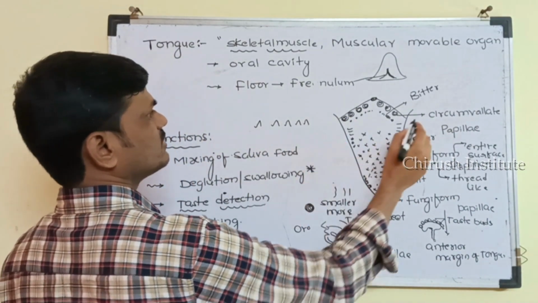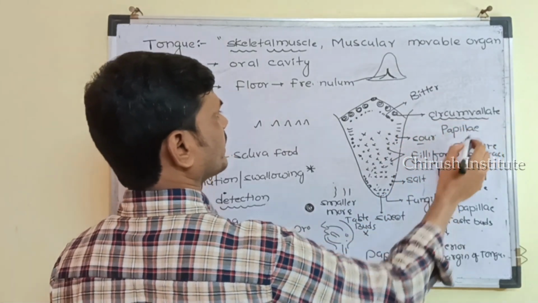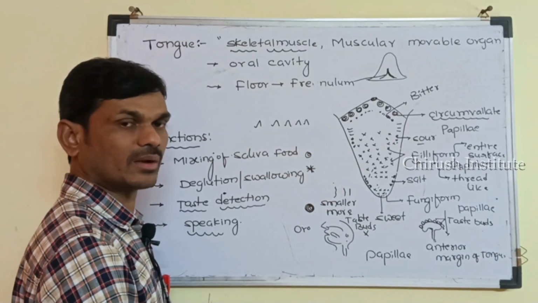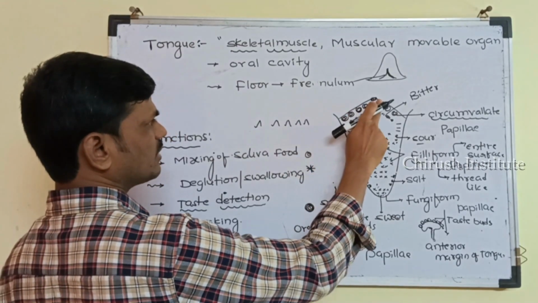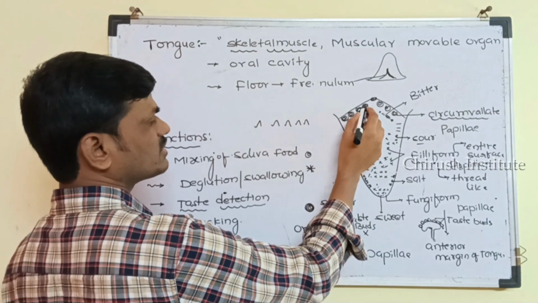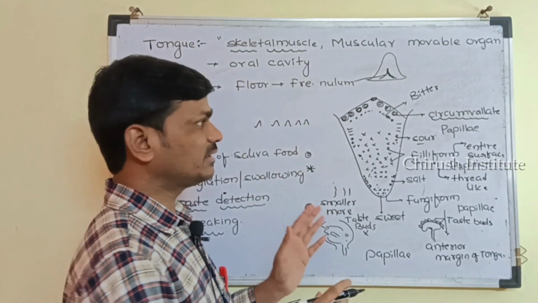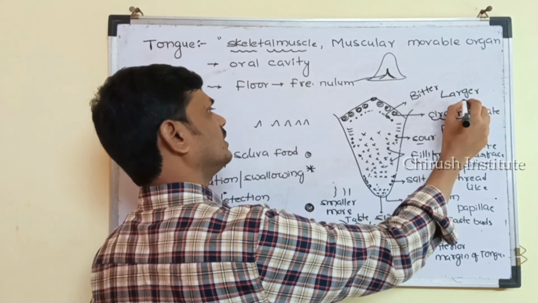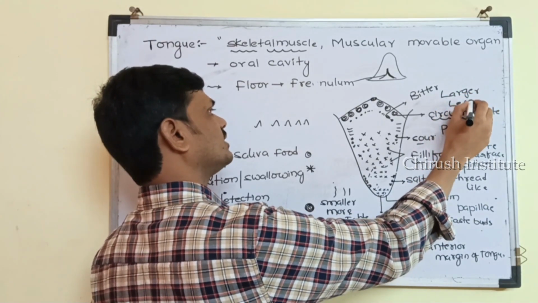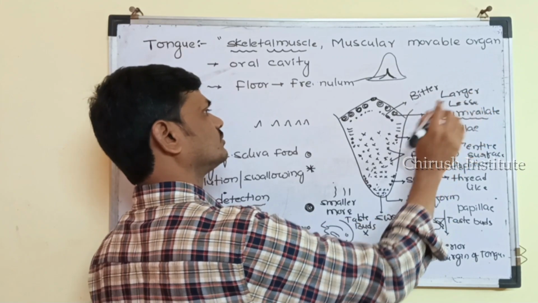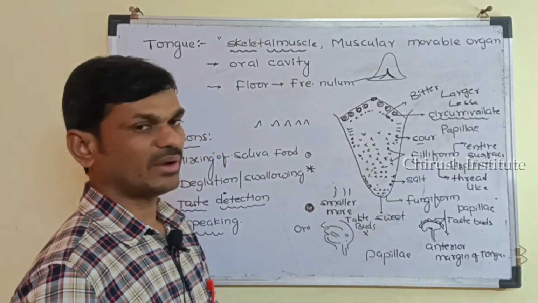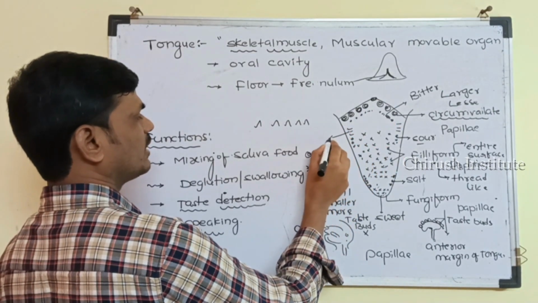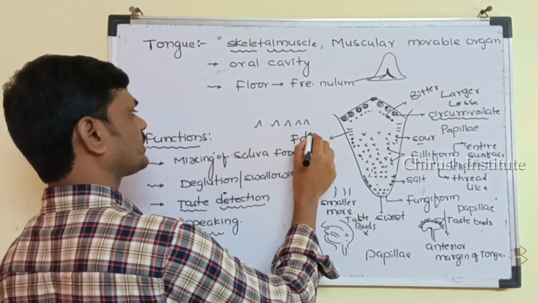Next one, circumvallate papillae. Circumvallate papillae are circular or round in shape and present at the base of the tongue. You can see them at the base of the tongue. They are large papillae, less in number. One more type of papillae, at the base and margin side, we call foliate papillae.